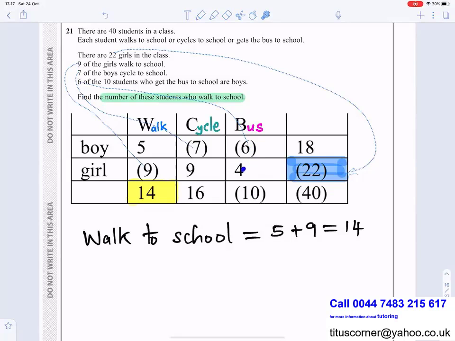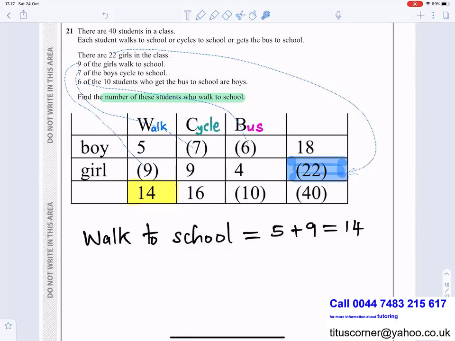And then from there, 7 plus 9 gives you 16, and 5 plus 9 gives you 14. So those who walk to school, you add 5 and 9, it gives you 14. So there are 14 students who walk to school.